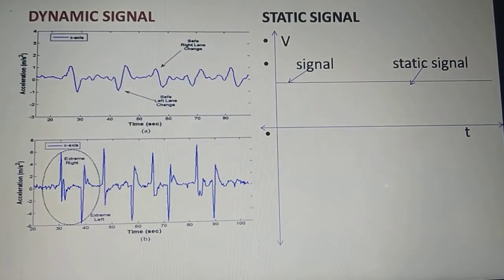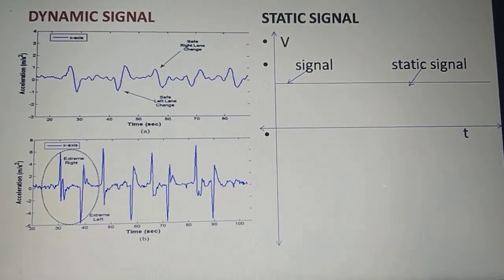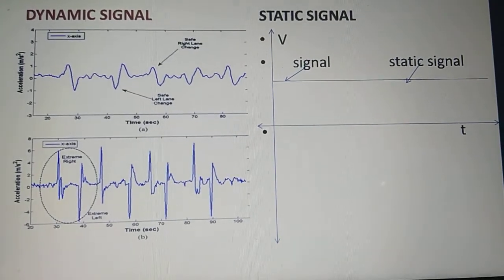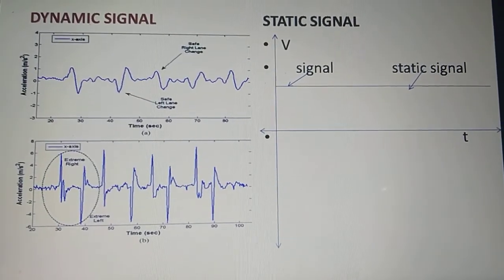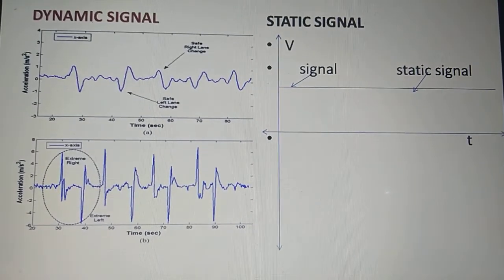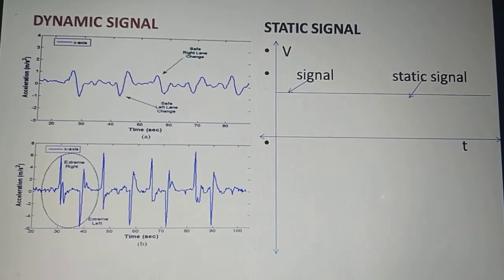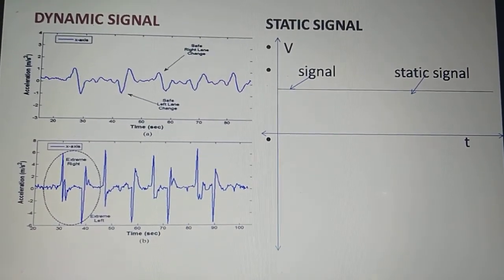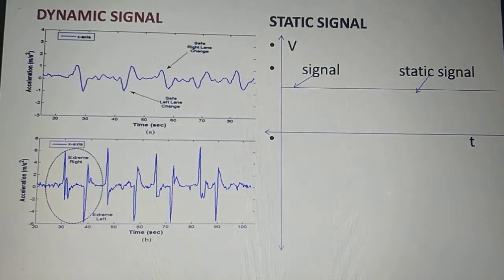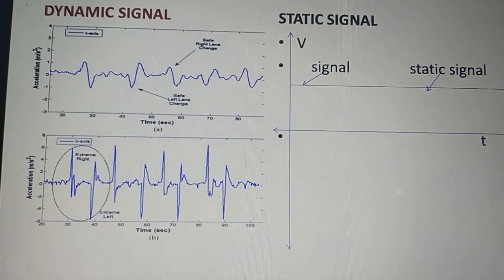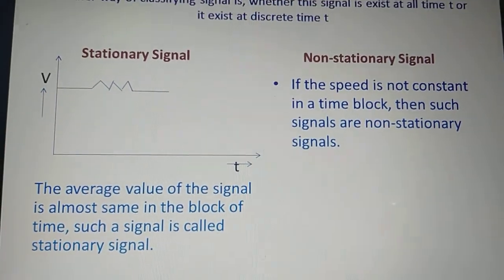The variation is very wild. Those variations are called dynamic signals. Whereas in a static signal, the signal is constant with respect to time. This kind of signal is called a static signal.